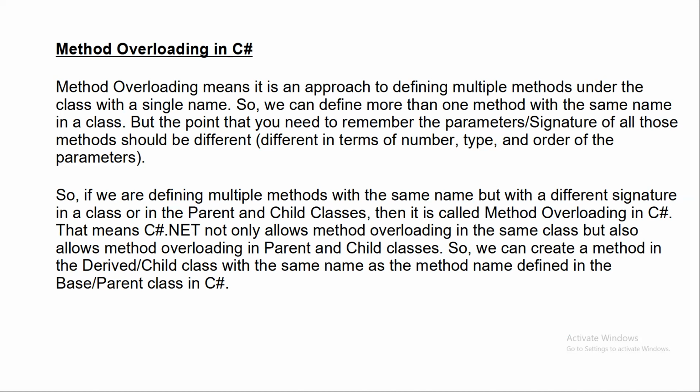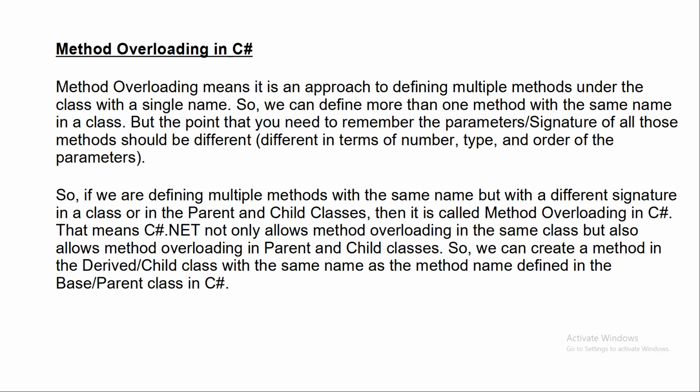Method overloading is an approach to define multiple methods under the class with a single name. So the method name is the same. But how do you say it is overloading? Though the method name is the same, the way you pass the parameters to that method varies from one method to another.